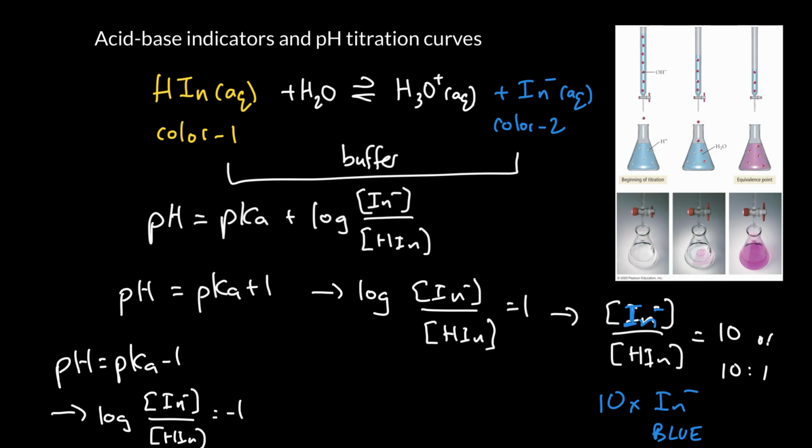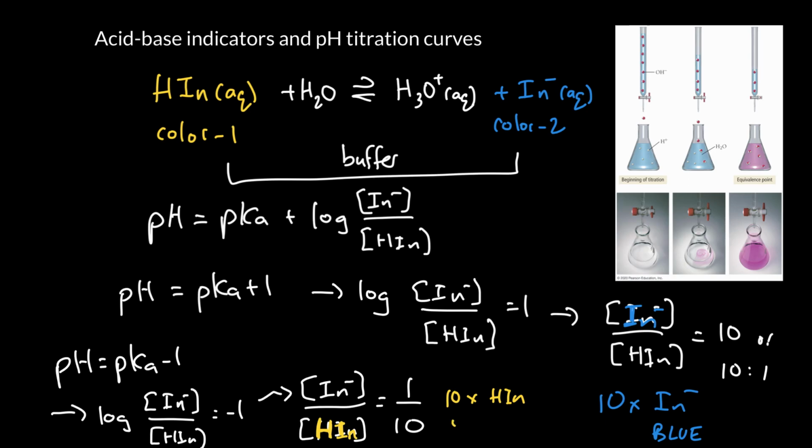If you take the anti-log of that, that's 10 to the minus 1, which tells you that ratio is 1 to 10, or 1/10. Now you've got 10 times more of the acid form. So your acid form, if it's going to be yellow, I don't know why I picked yellow and blue, I guess I just like those colors, then we're going to have 10 times more of this yellow form of the indicator at this pH, and so the whole solution is going to look like color 1, which is yellow.